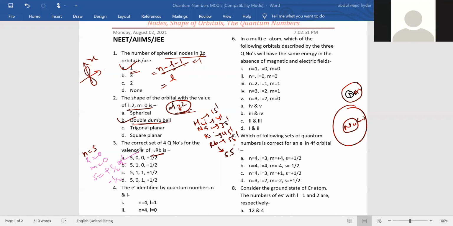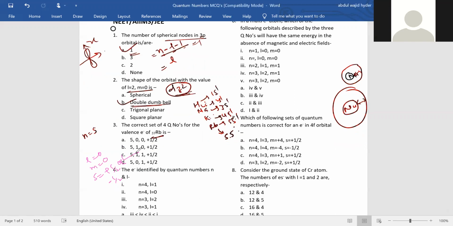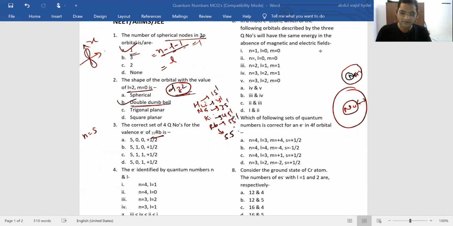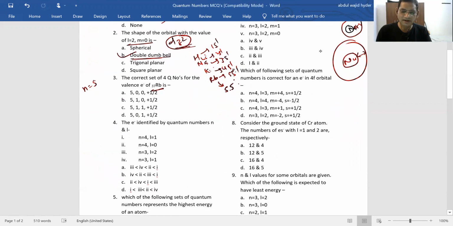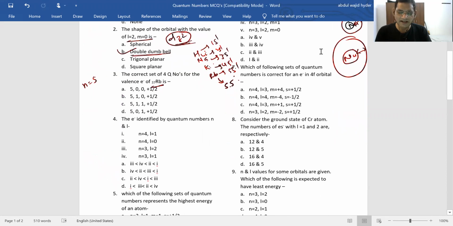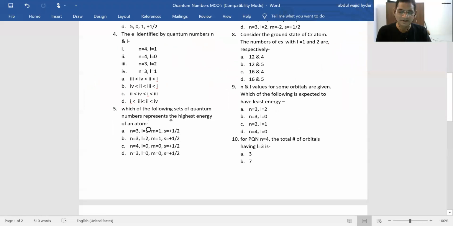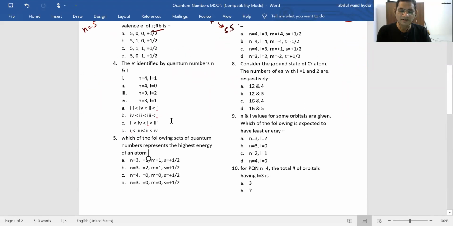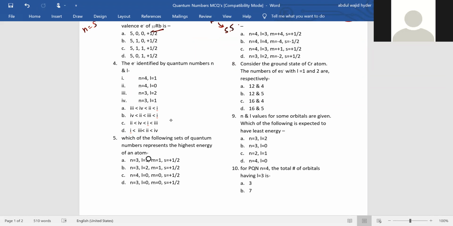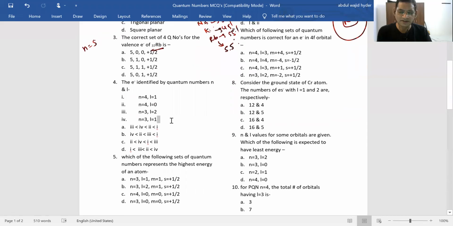Now see. The electrons identified by quantum numbers n and L are... I don't know what the question is.